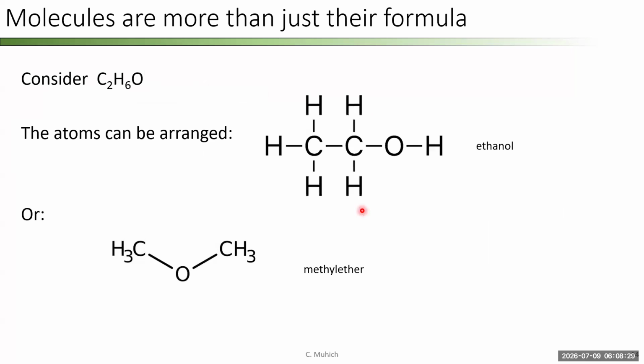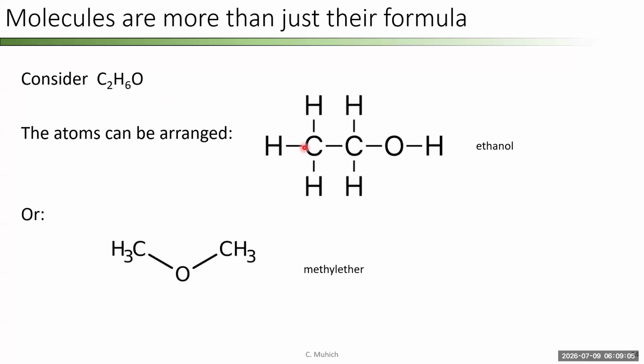So I want to consider one formula, C2H6O, and bring to the point, as an exemplar, that just a formula, so how many carbons, hydrogens, and oxygens exist in a molecule, is insufficient to describe its behavior or understand how that molecule is arranged. We can take these same nine atoms and arrange them very differently.